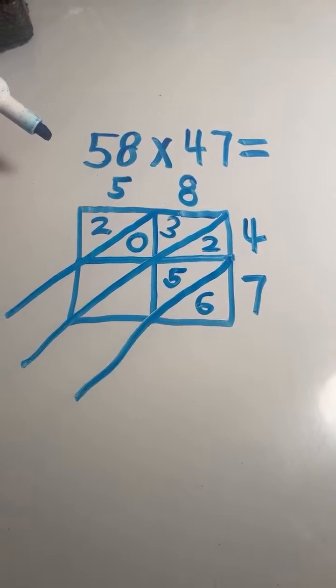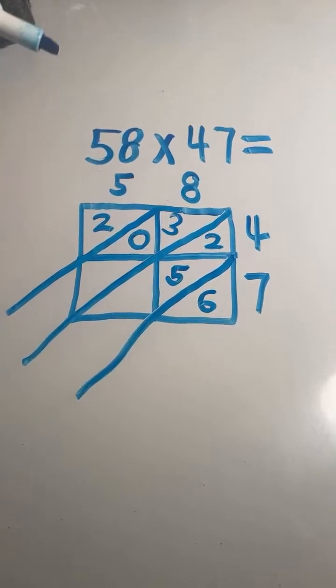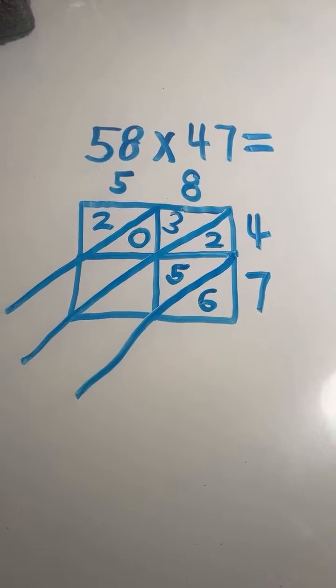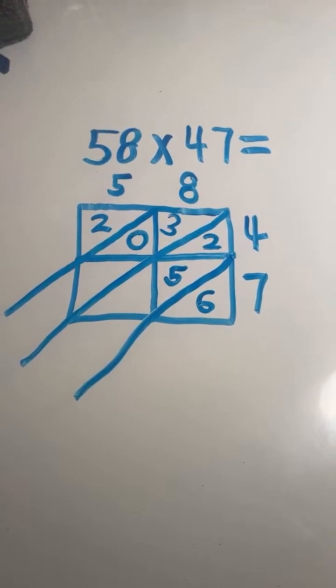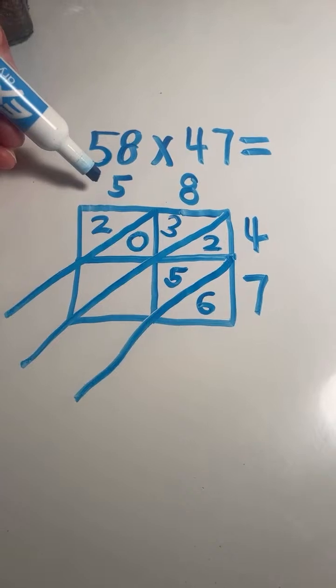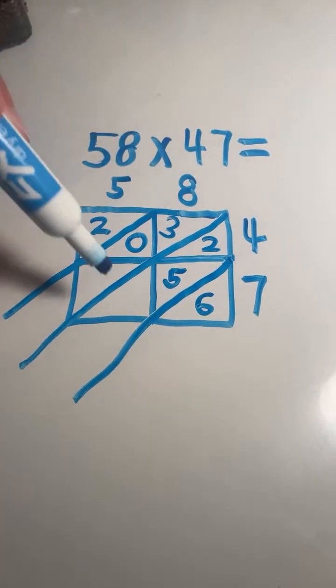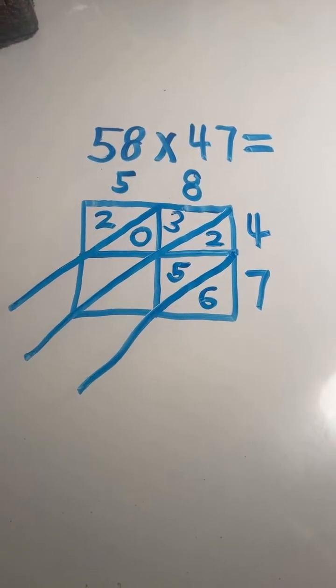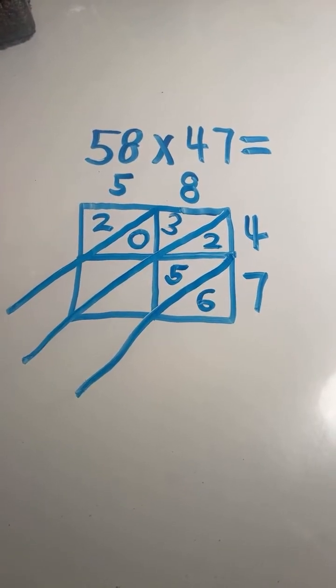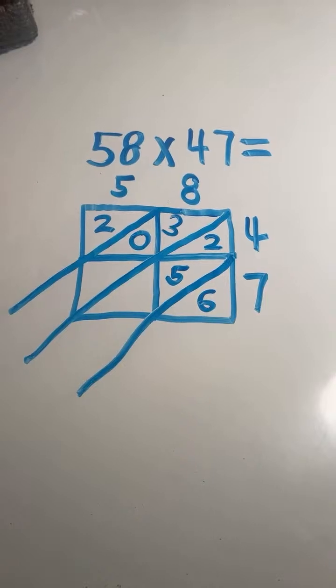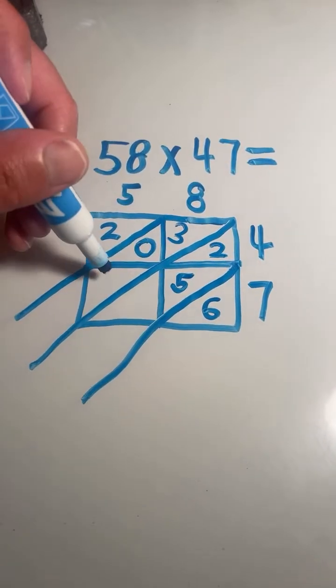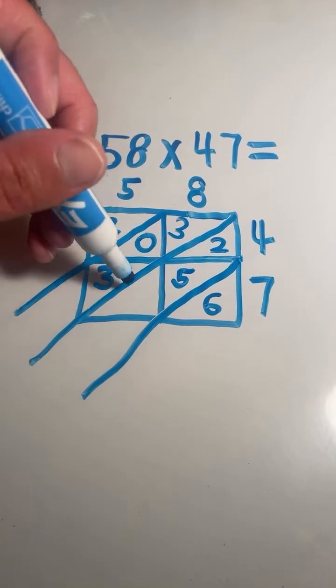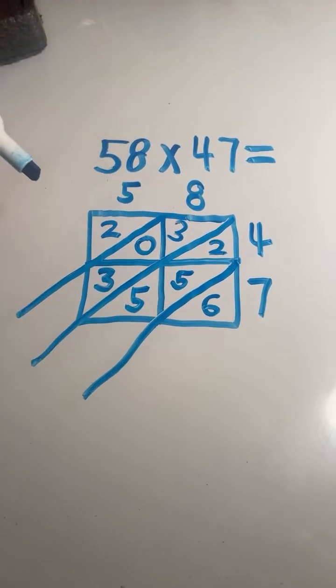So there's an answer within every square, but each digit within our answer goes in a separate triangle. Last, we're going to multiply 5 times 7. The answer to 5 times 7 is going to go in this square in the bottom left-hand corner here. 5 times 7 equals 35. So 3 in the top triangle, 5 in the bottom triangle.